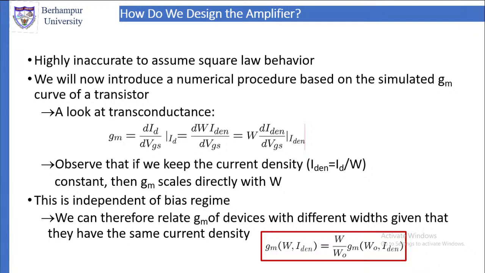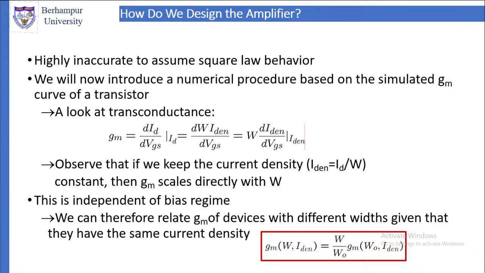As we define, current density is equal to ID by W, therefore ID is equal to W times current density. So here we can write d by dVGS of W times IDEN. Now W is a constant, take that outside. So W times differentiation of current density by VGS at a given current density, which is constant.